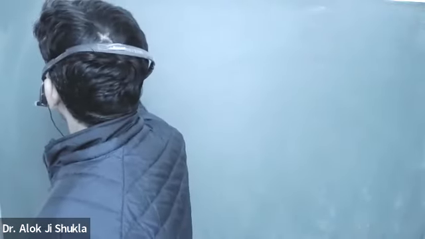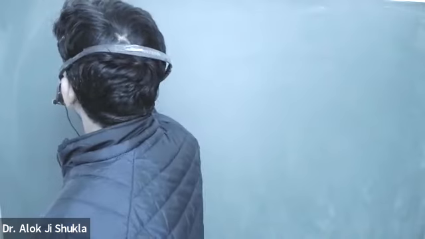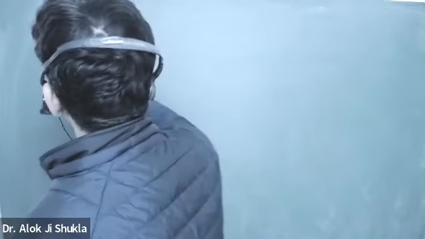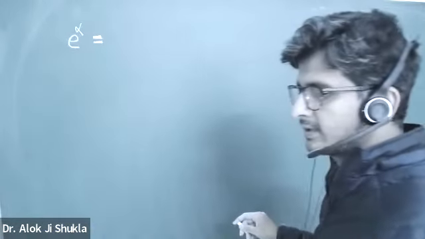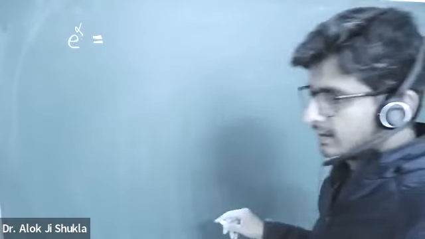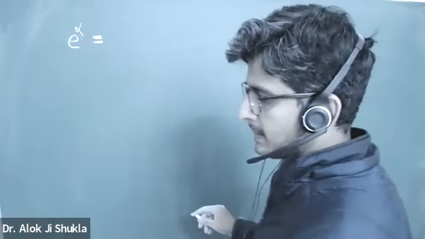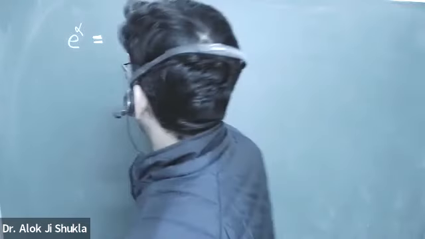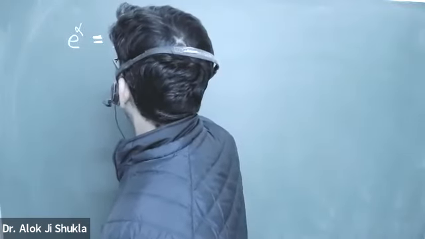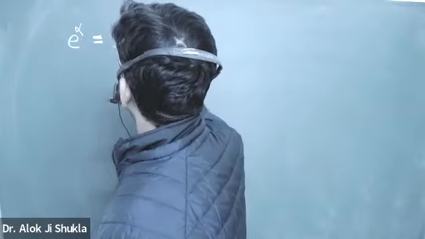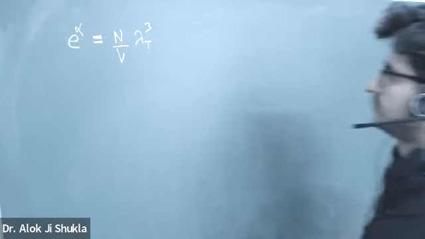h cut cube by root over 2 pi m kBT to the power 3 by 2. E to the power alpha is dimensionless. So what was that? Sir, N by V, V lambda t cube. Yes.